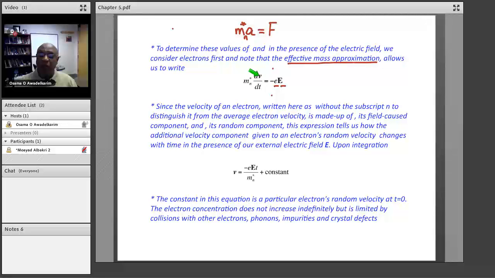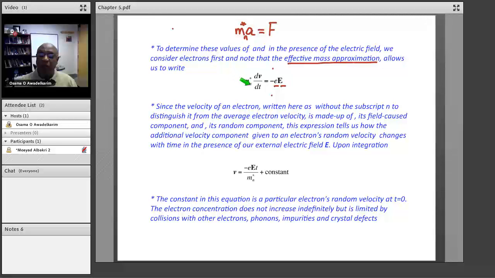Now if we have drift, if we have an electric field applied, then we don't have random motion, we don't have arbitrary motion of electrons. Now the motion of electrons is organized, regulated by the electric field. The electric field makes the electrons move in one given direction, which is opposite to the direction of the electric field. So you don't have random motion anymore.